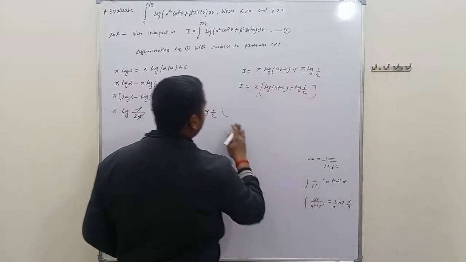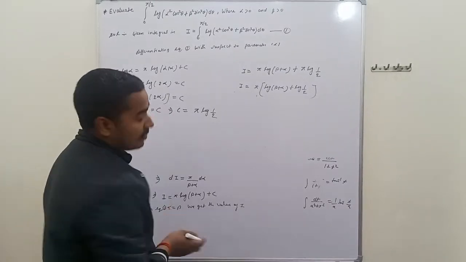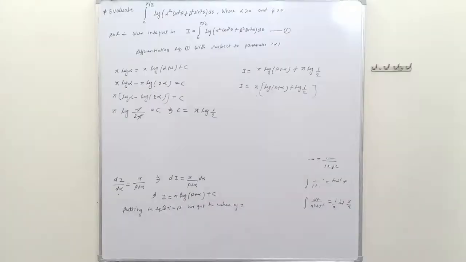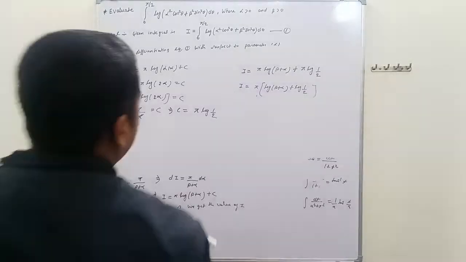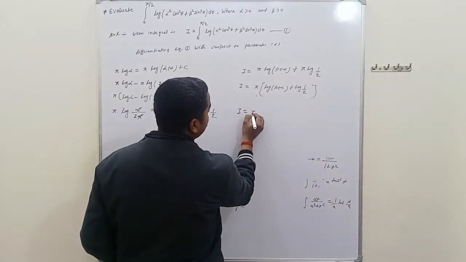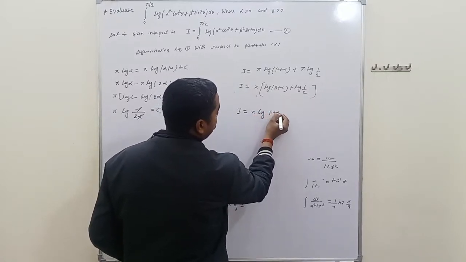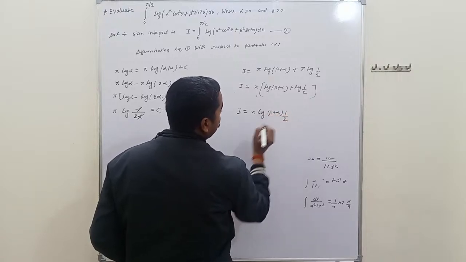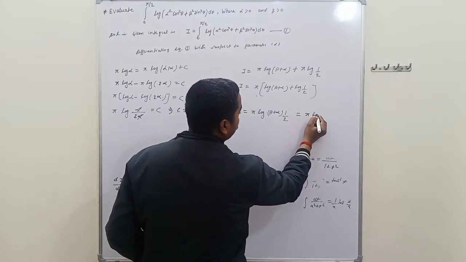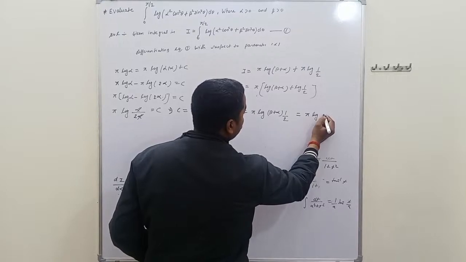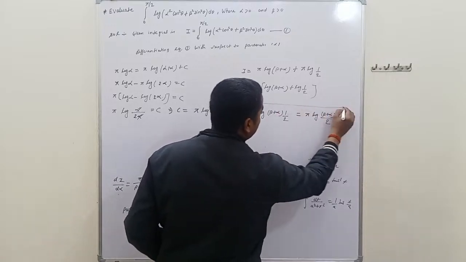Using the property of log m plus n equal to log mn, I is equal to pi log beta plus alpha into 1 by 2, which we can also write as pi log beta plus alpha upon 2. This is the required solution of the given problem.